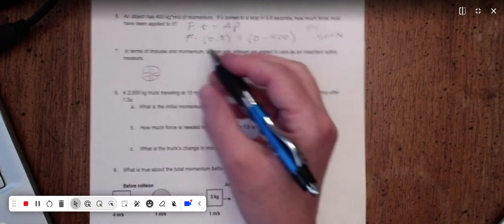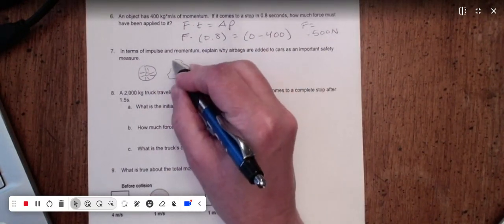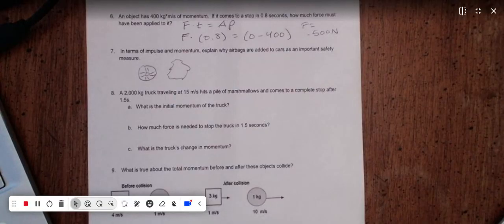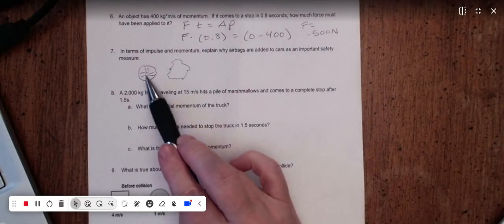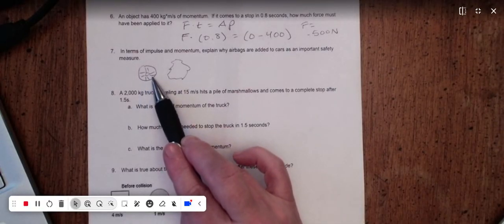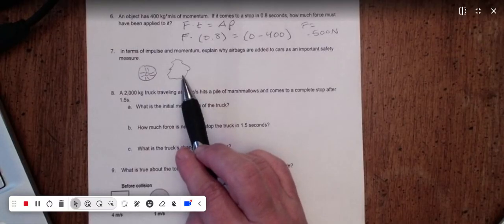Okay, and then we've got an airbag, and those do explode out with some force. Okay, but what we're thinking about is not so much that as we are the comparison between hitting your face on the hard plastic steering wheel, versus a more pillowy airbag.